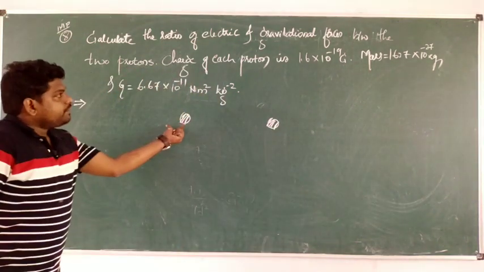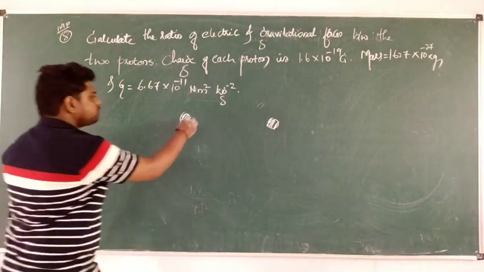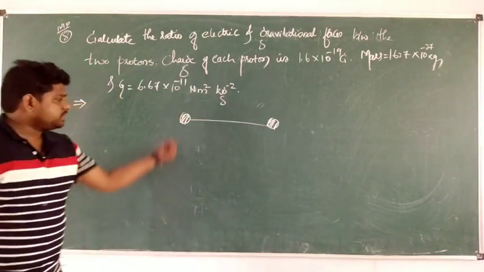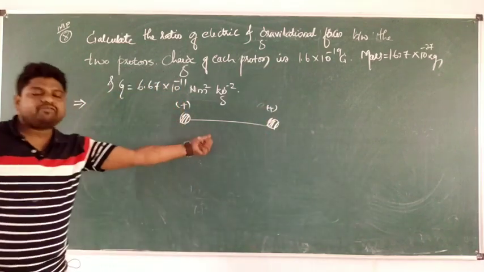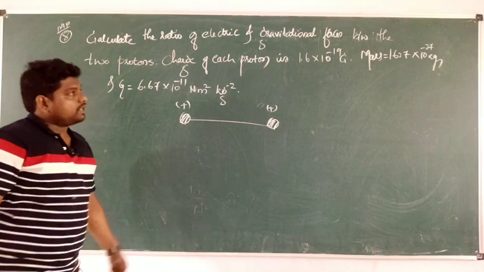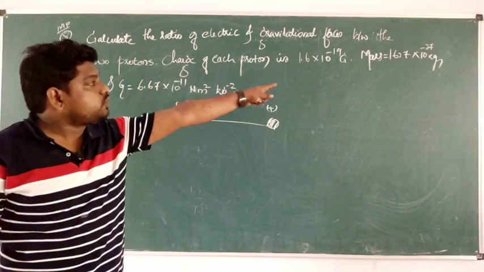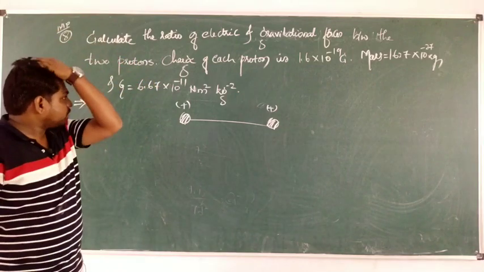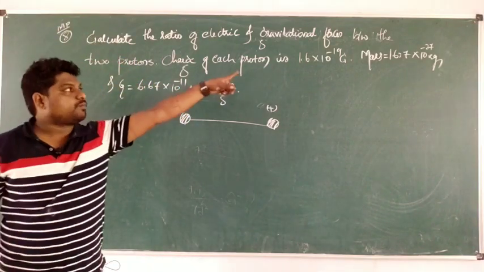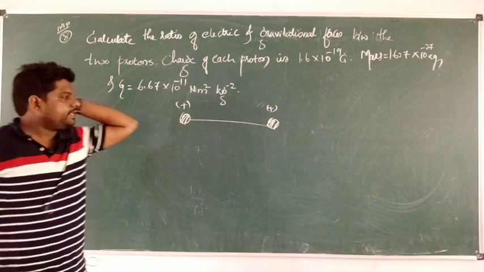Both are positively charged. They have masses of 1.627 into 10 to the power of minus 27 kg, and the charge of each proton is 1.6 into 10 to the power of minus 19 coulomb.